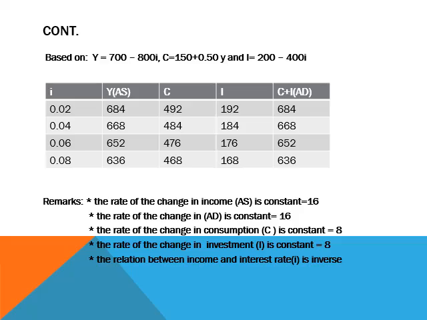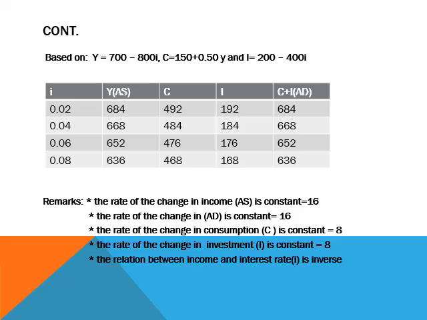By plotting these coordinates, you will discover that the nature of the curve of IS is sloping down, because the relation between the two variables, income and interest rate, is inverse.